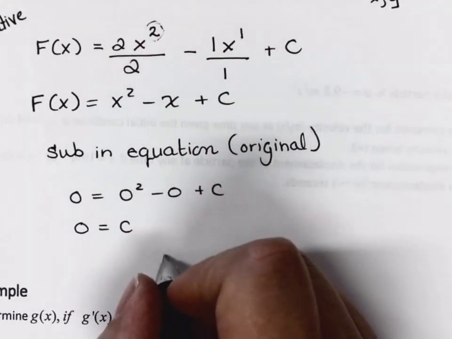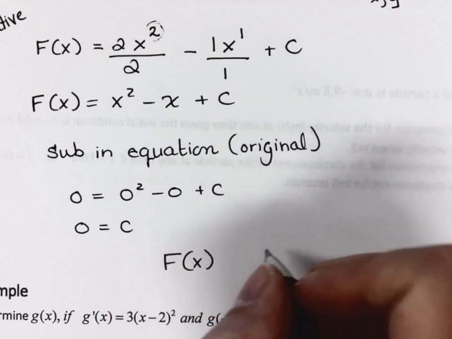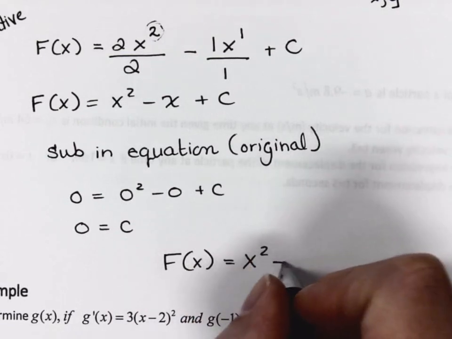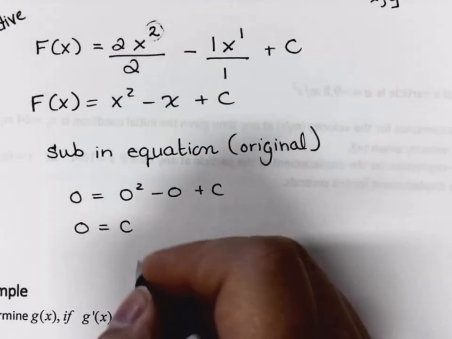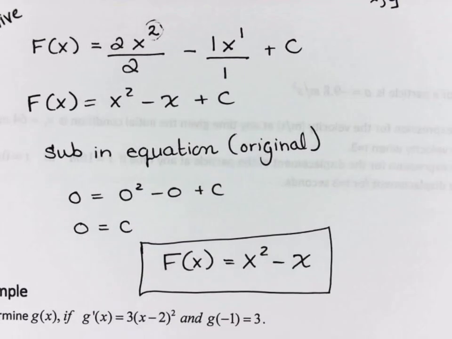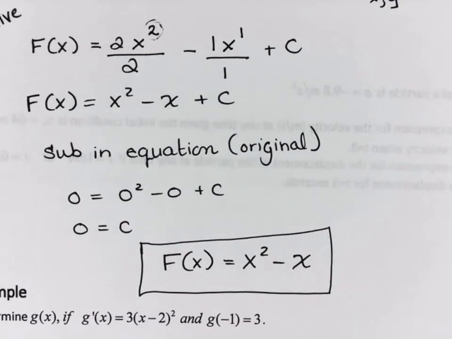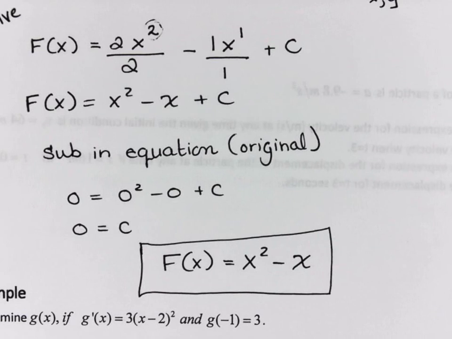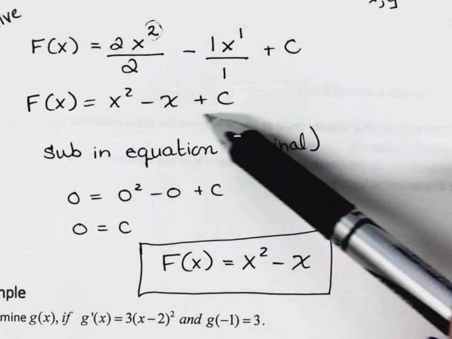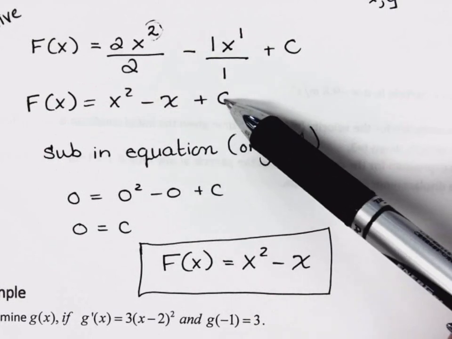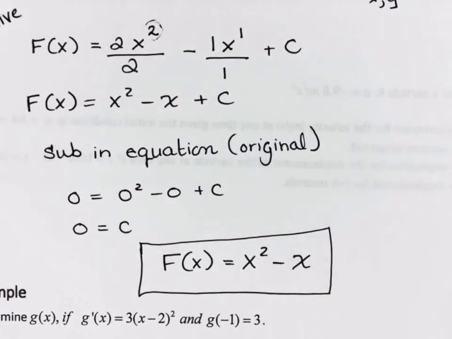So we know that our original equation is f of x equals x squared minus x. That is the original equation. So if you know a point on the original graph, then you can solve for the constant. If you aren't given a point, then we're stopping at this place right here, but we have to add the constant in. Okay?